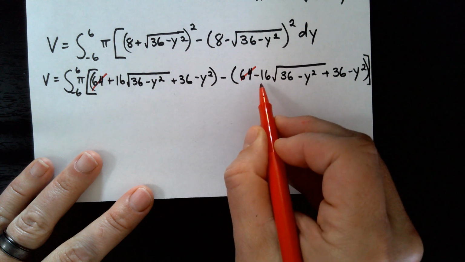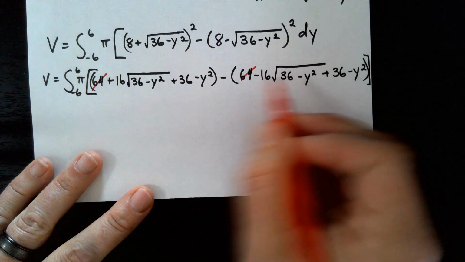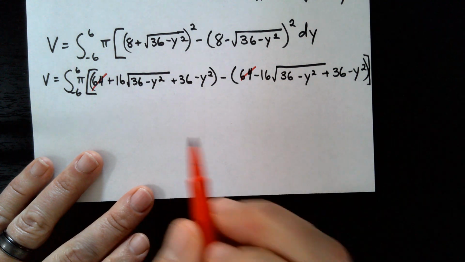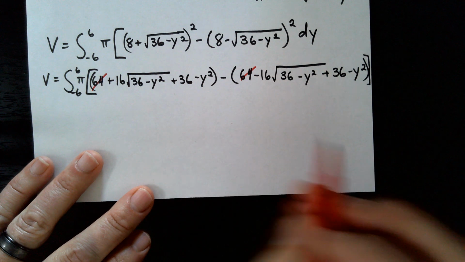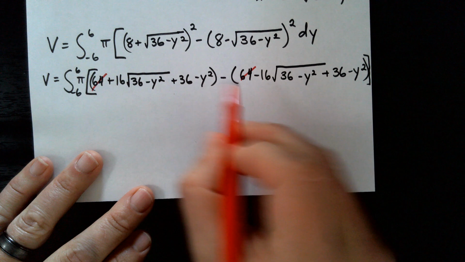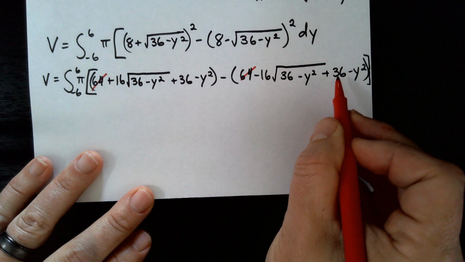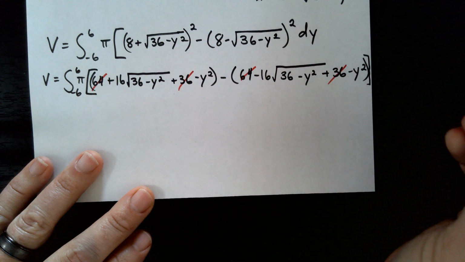We distribute here, and it becomes positive 16 of this square root. We've already got a positive 16 of that, so that's going to combine and become 32 times the square root. Here we've got positive 36, and here the negative distributes and makes this a negative 36, so those two cancel.